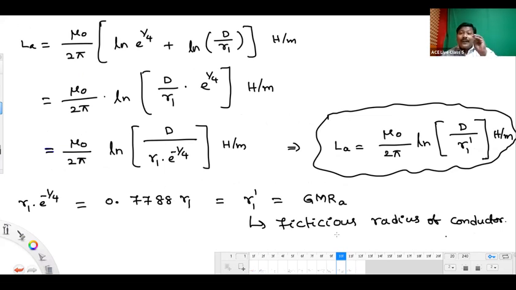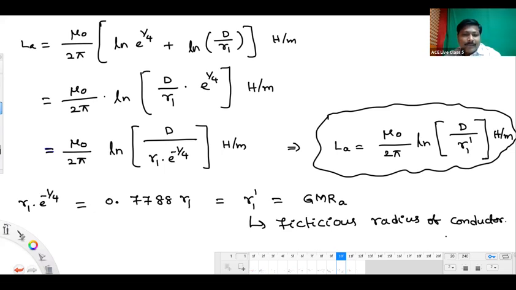If skin effect is considered and it is maximum, we don't have current flow inside the conductor at all. We have the current concentration only on the surface of the conductor. In that situation, how will this inductance formula be?